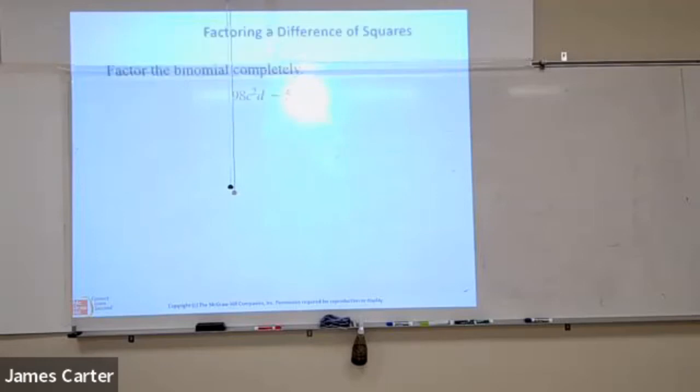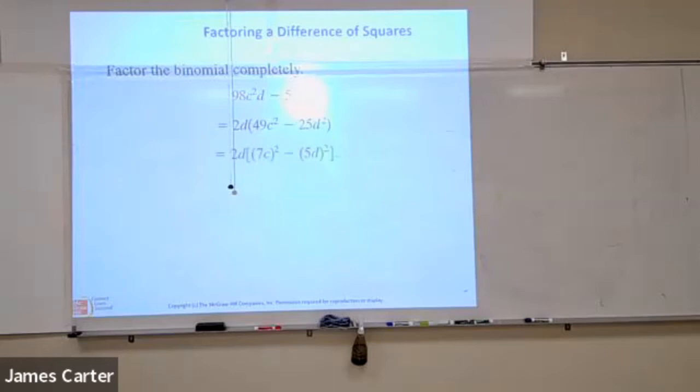Factor this one. That's not a perfect square, and neither is this. But you know what? 2 will go out of both of those, and so will D. And when you factor 2D out of this, you do have a perfect square on the front, a perfect square on the back, a minus in the middle.